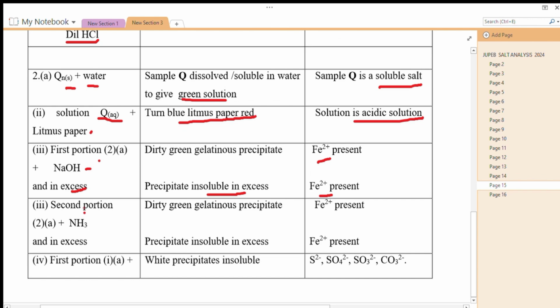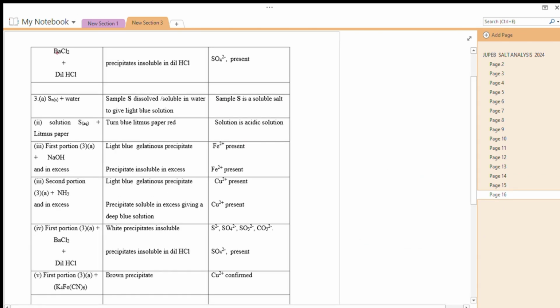When you take another portion in another test tube, you add ammonia to it. Of course, you're going to have a dirty green gelatinous precipitate. Fe2+ is present. And in excess ammonia, you're going to have the same thing, dirty green. The precipitate will also be insoluble, and Fe2+ is also present, or you can confirm it at this stage. Now, if you are moving forward, take another portion, then you add barium chloride.